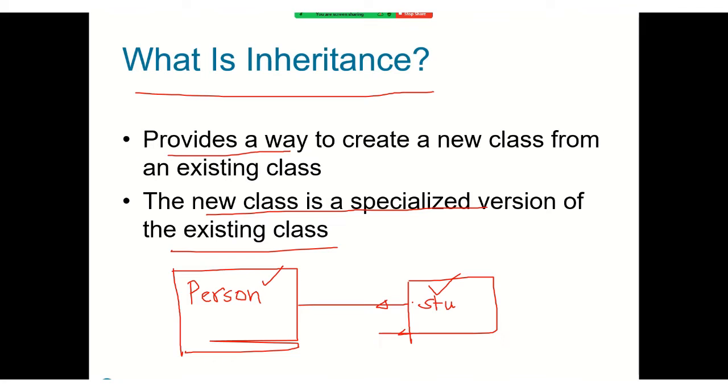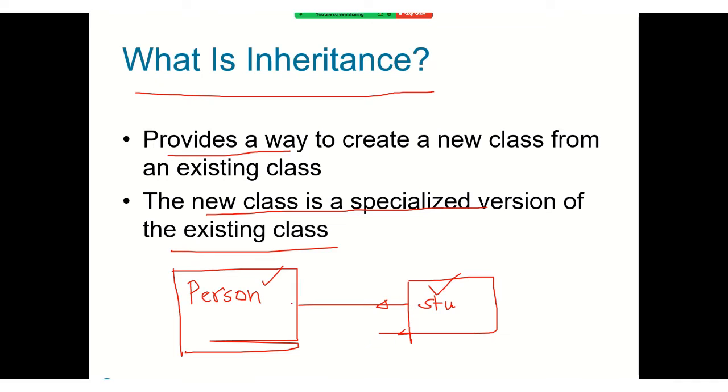Like a student ID, which is valid only in the school. It can have the grade, a GPA, the enrollment, and so on. So student can be considered a specialized version of the person class.